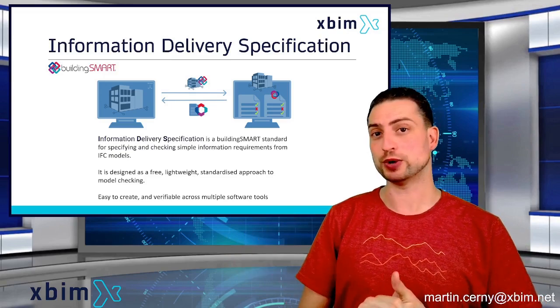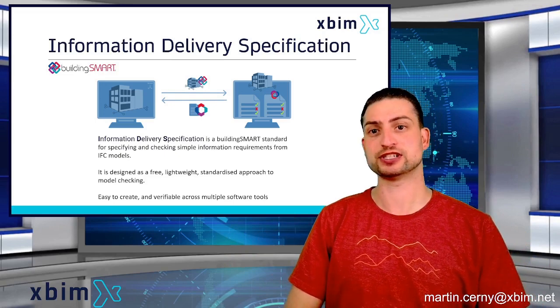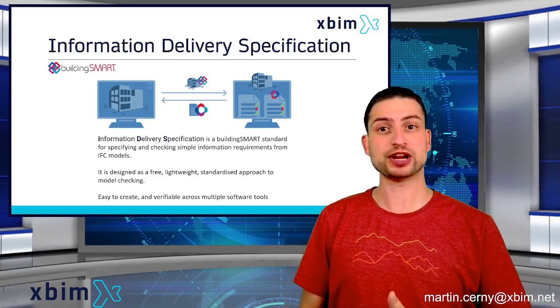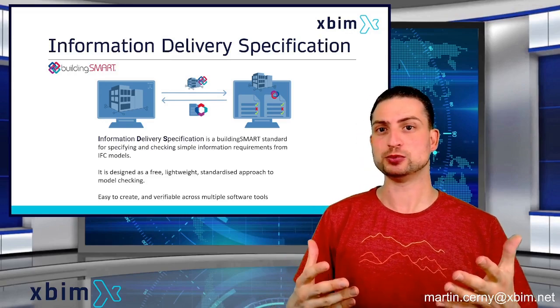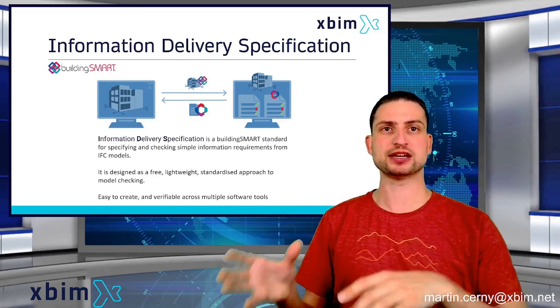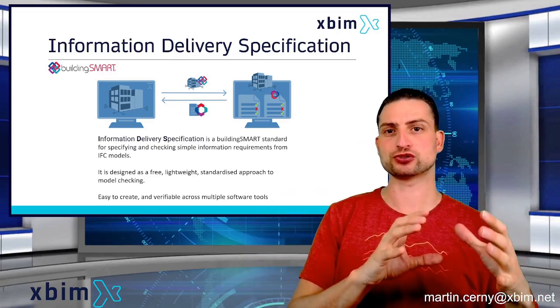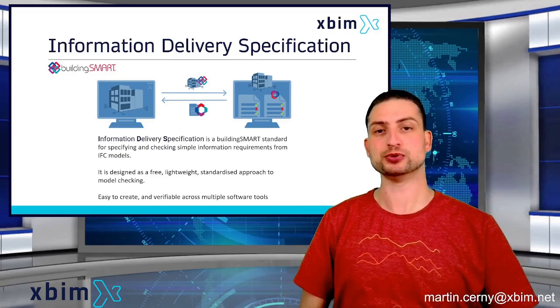It is also lightweight, which as a developer I can confirm is relatively easy to understand. It's easy to create. There are many tools being developed right now to help you translate your plain language questions into these well-structured requirements which can actually be processed with computers.